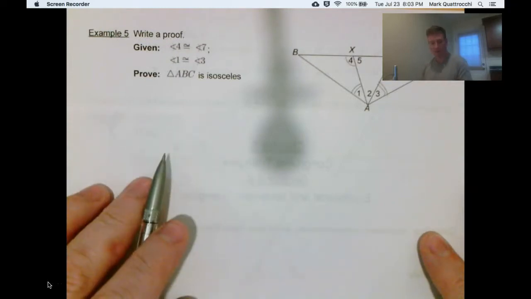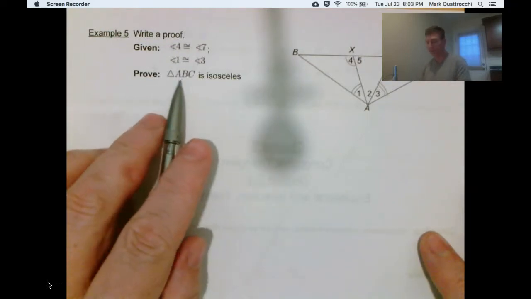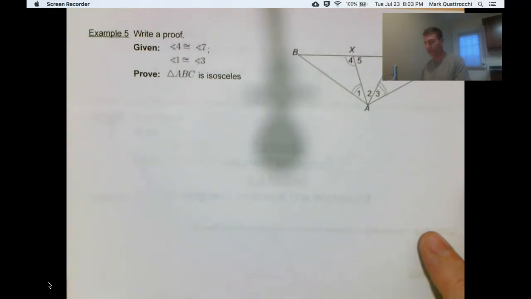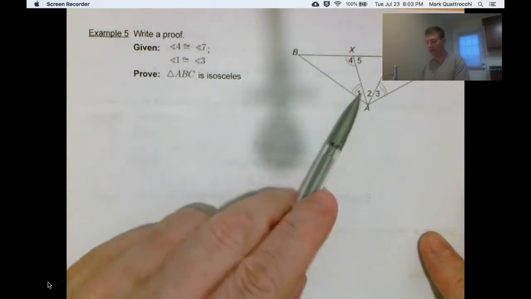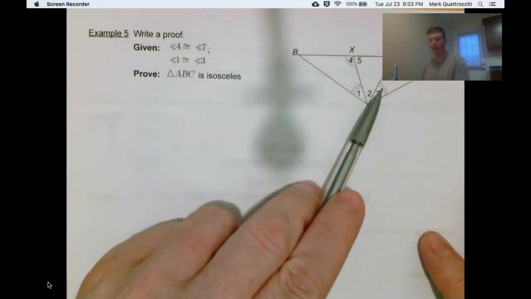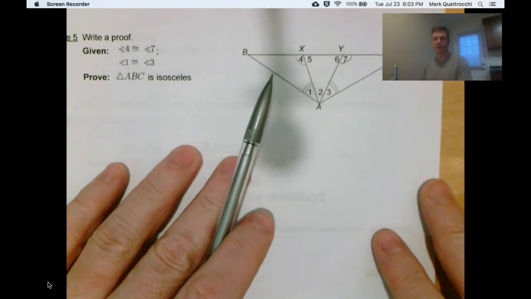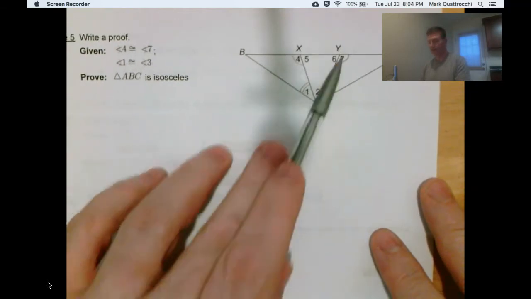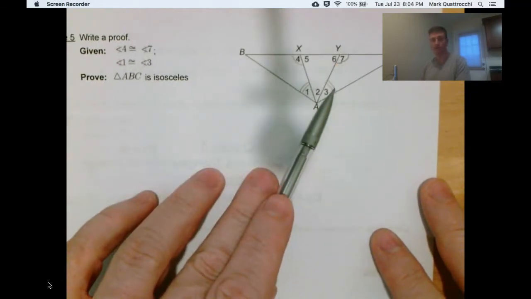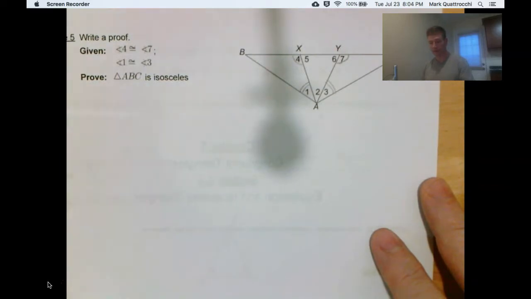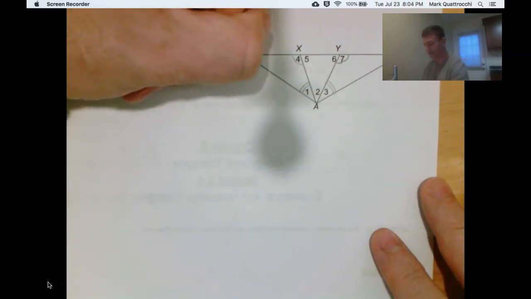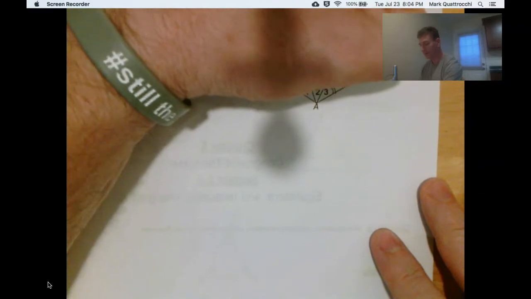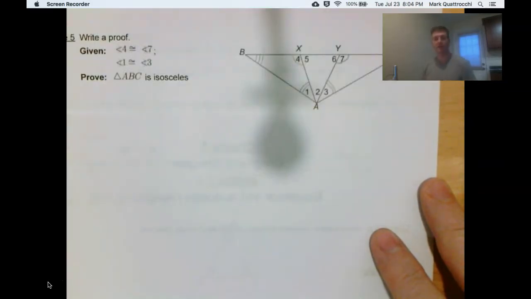Our goal is to prove the triangle ABC is isosceles. We have two angles from two triangles congruent to each other. So by the third angles theorem, angle B has to be congruent to angle C.